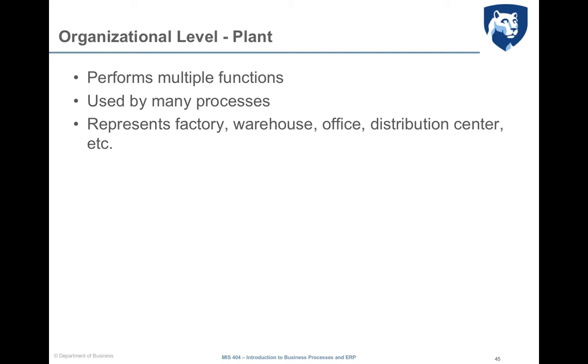If we then step to the plant level, we can see that, as we already addressed in some past classes, a plant represents an organizational element that performs multiple functions and is relevant for several processes.